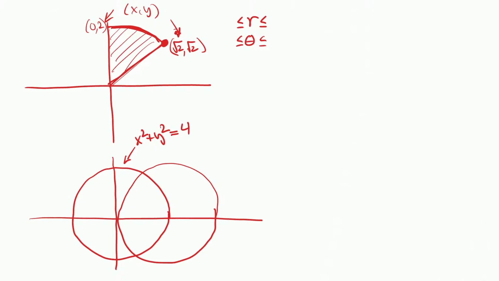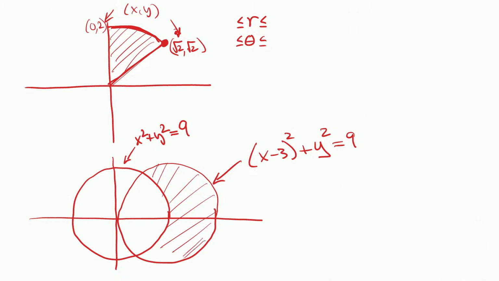Oh, I don't like that. Let's make it 9. And this is x. The second one is going to be a little bit harder than the first one, so I'll need to talk you through that second one in just a minute.